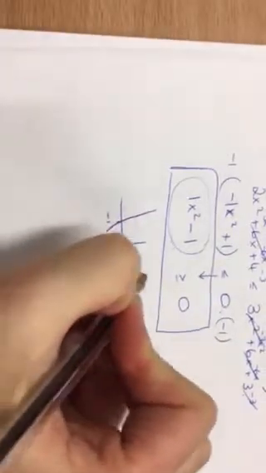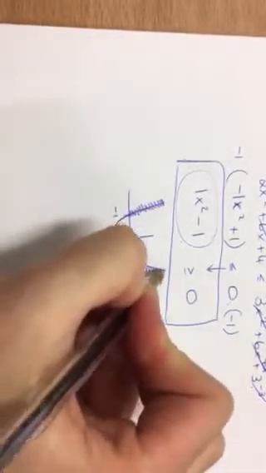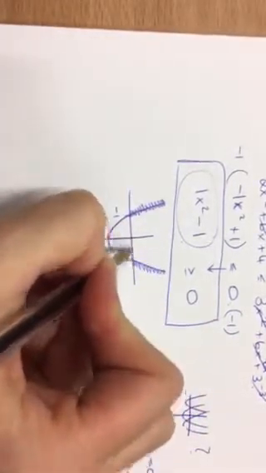Again, it's only a sketch, so I don't know how low it goes. But now I'm looking for where my graph is greater than or equal to 0, above or equal to 0. So I just need to describe this now.